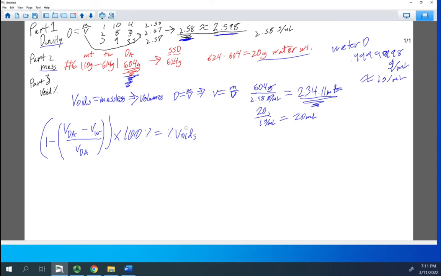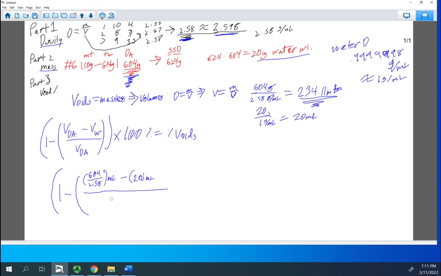So if we were to do this longhand for the number 6 rock, it would be 1 minus big bracket, then the top of our fraction would be the dry aggregate weight, so 604 divided by 2.58, and that would be milliliters, minus our water volume, which, easy enough, is 20 milliliters.